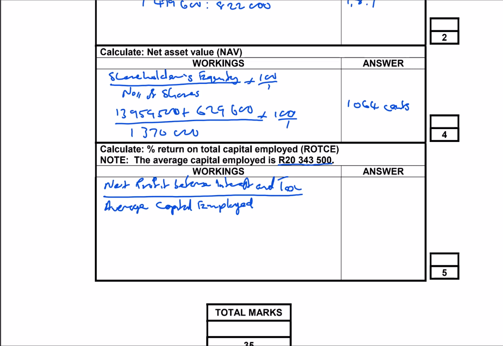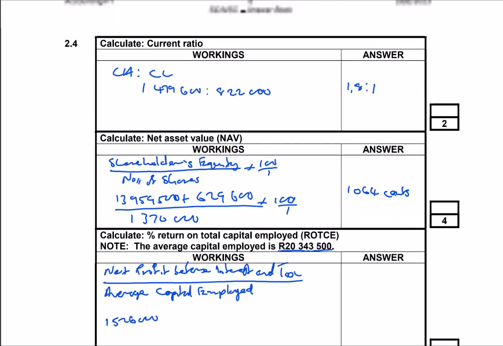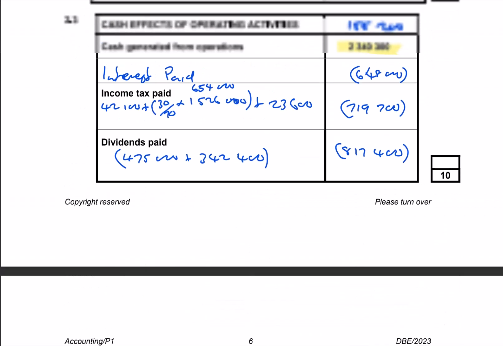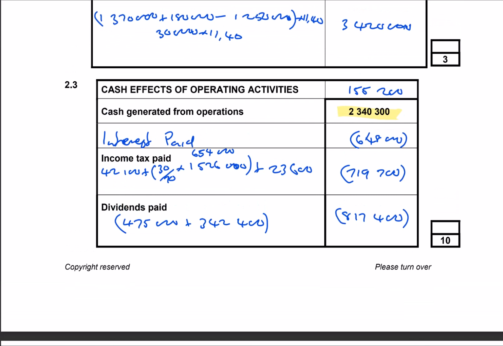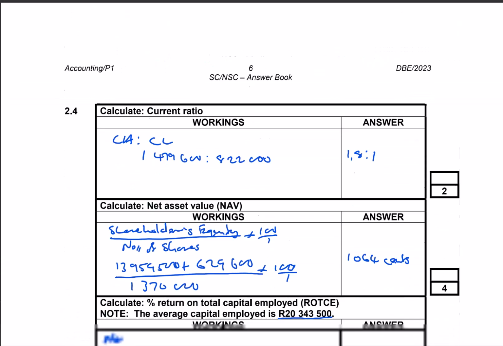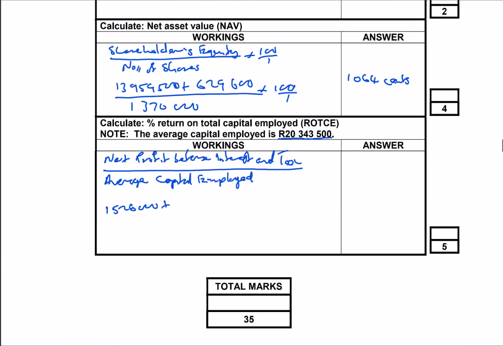Then in our question, we have 1,526,000 as our profit. Interest paid is 648,000, taxation is 654,000. So that will be plus 648,000, plus 654,000.